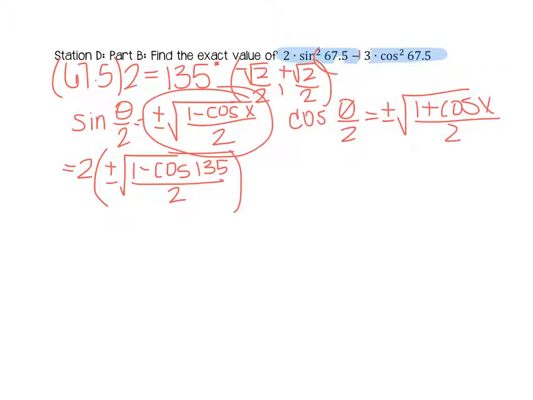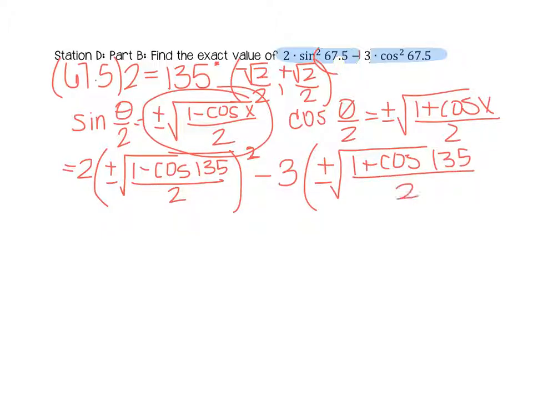Close my parentheses and don't forget your squared. Minus 3 times plus or minus root 1 plus the cosine of 135 degrees divided by 2.